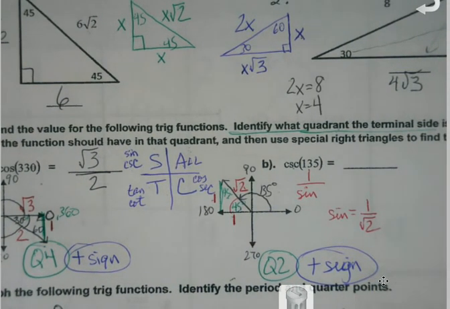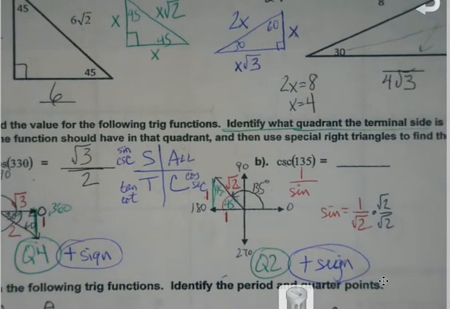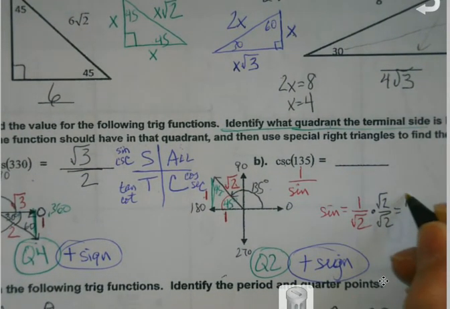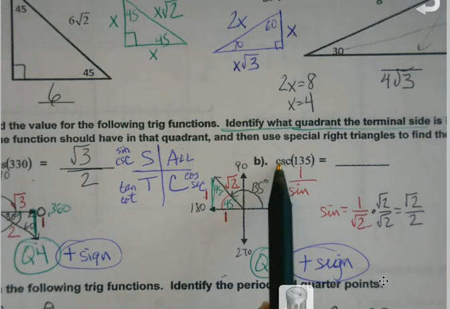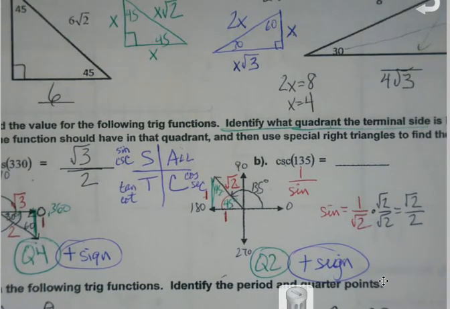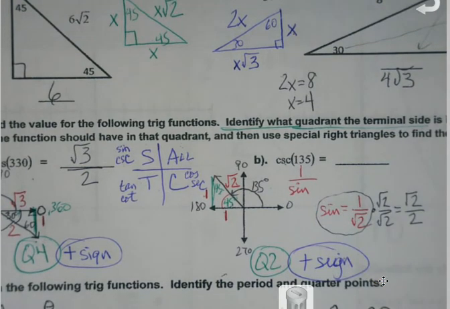How do I rationalize it? If I multiply by that radical, the square root of 2, I get the square root of 2 over 2. But let me think about this for a minute. We just got done saying that cosecant's the inverse of sine, right? So if this is what sine is, and I flip it, what would it become?